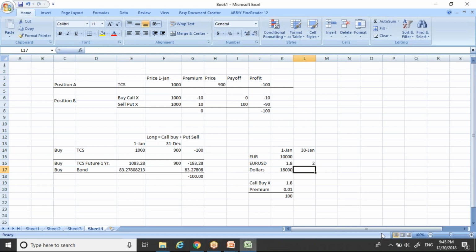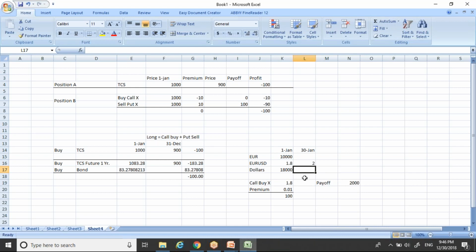Now if the price goes to 2, how much will you gain? Your payoff would be this minus this, into the lot size, because you have taken a lot. So $2,000 you will have as a payoff, and here you are paying almost $2,000 extra from your pocket.